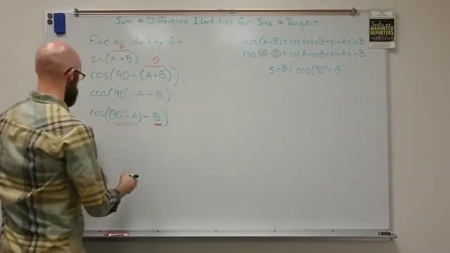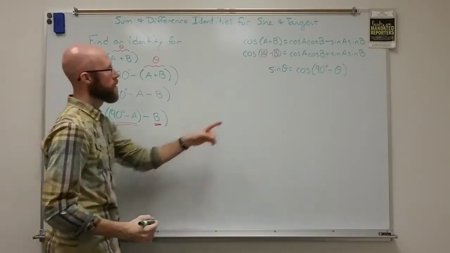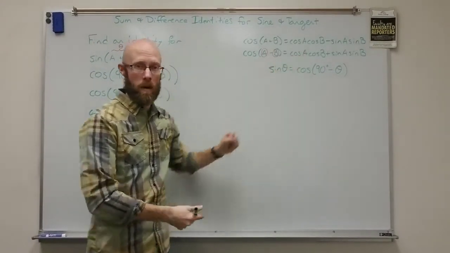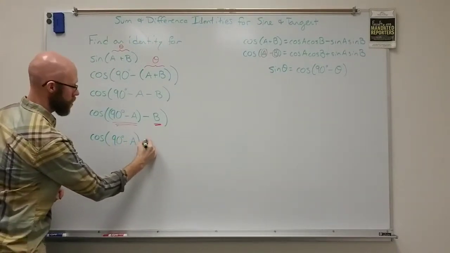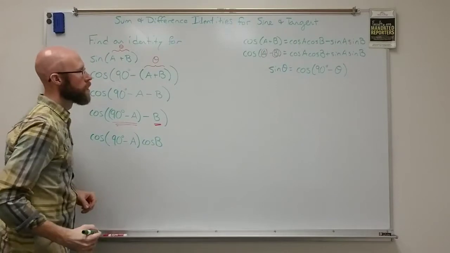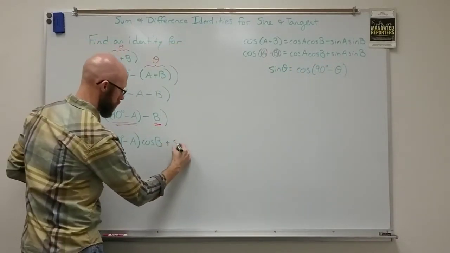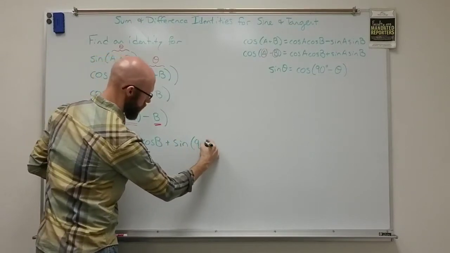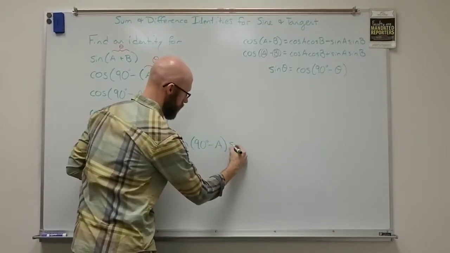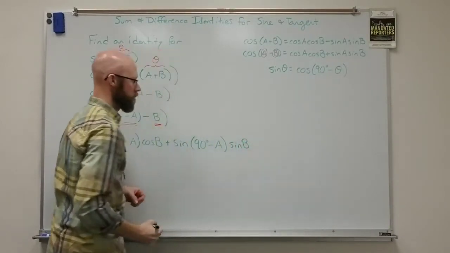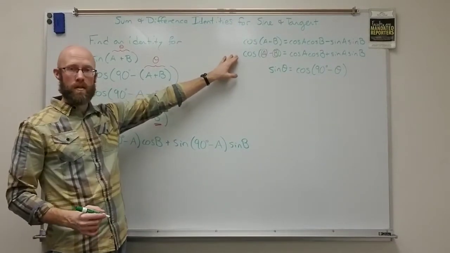So this becomes the cosine of, instead of a, 90 minus a, times the cosine of b, that's this guy, plus the sine of a, now instead of a, it's 90 minus a, times the sine of b. So we've utilized the difference identity.